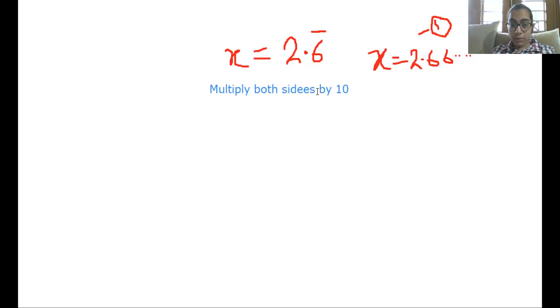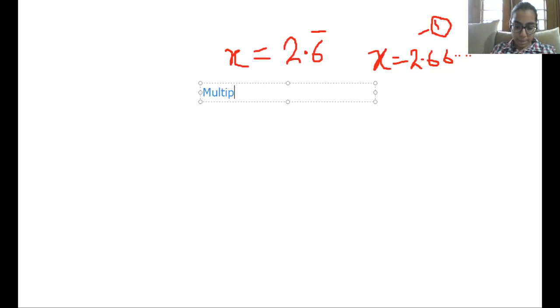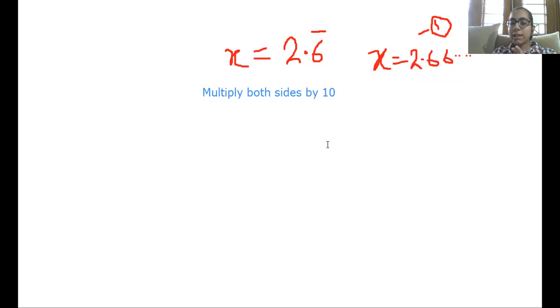If, let's say, two digits had a bar on them, say if x equals 2.65 with a bar, if both the digits 6 and 5 had a bar on them, then we would multiply both sides by 100, right? Is that clear?